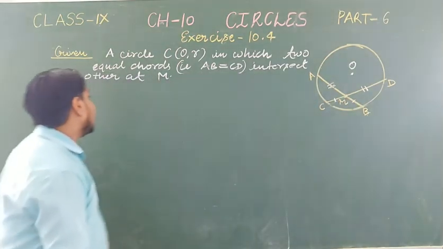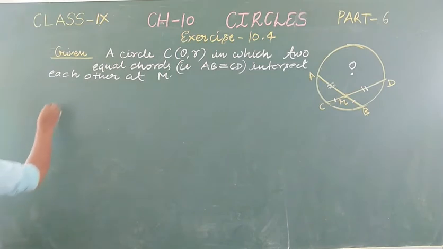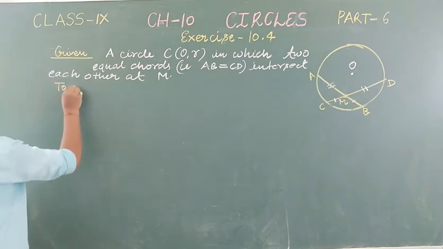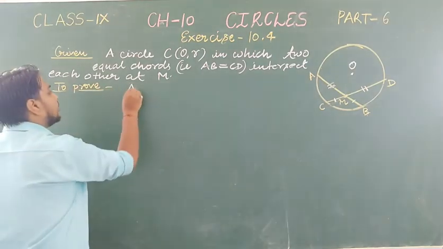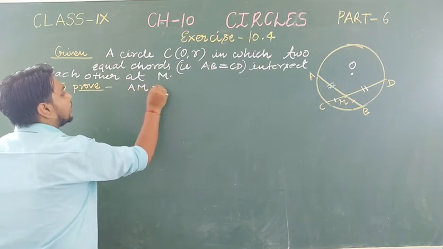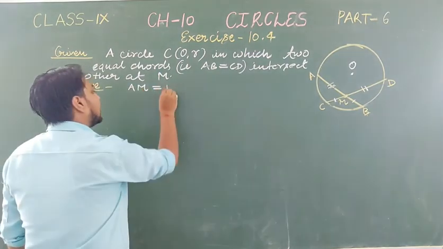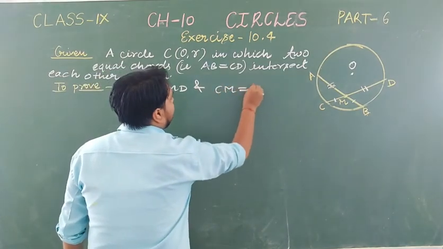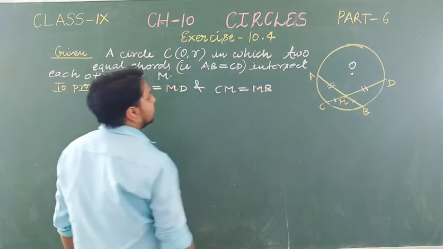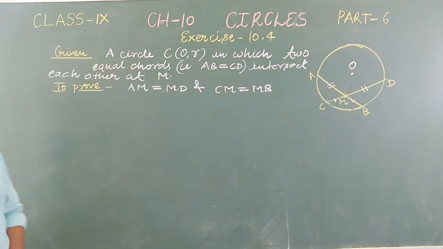So what we have to prove is that the segments of the chords, AM will be equal to MD and CM will be equal to MB. This we have to show.